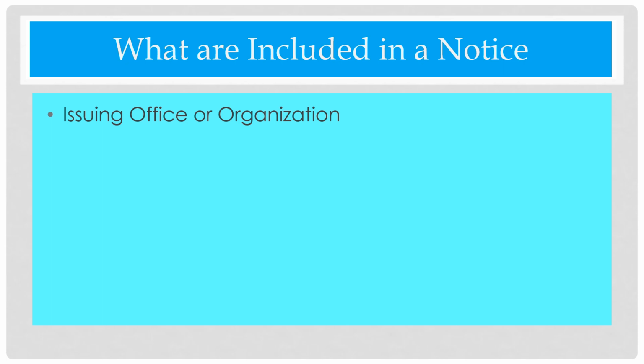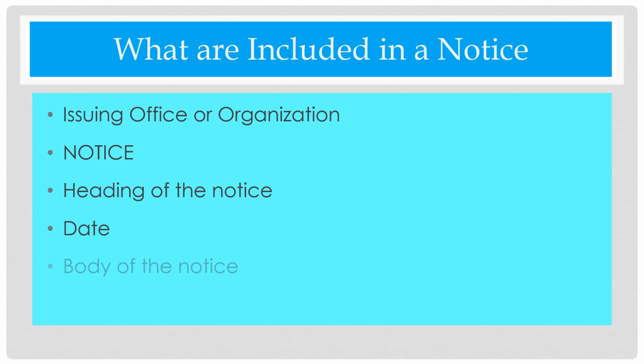The first thing is issuing office or organization or any other institution. Next, notice. Next, heading of the notice. That means what is that notice about? Later, we should write date.